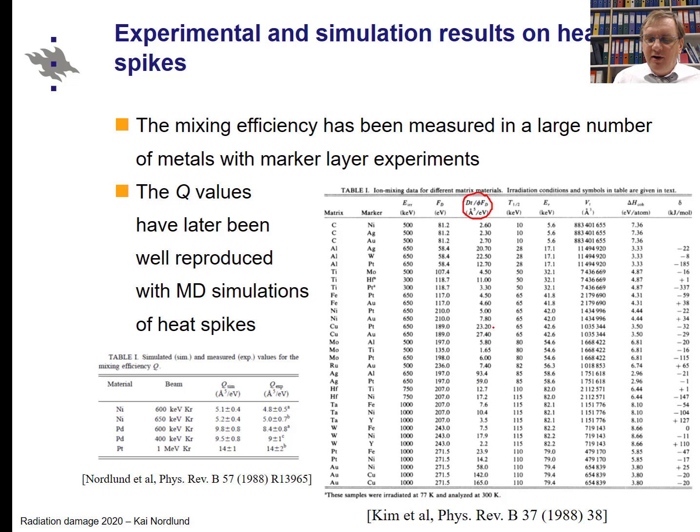But anyway, for a given material, they are roughly comparable. But one can simulate then this using a recipe which we developed back in 1998 actually in this reference, and one can get actually very good agreement between the simulated and experimental mixing coefficients.